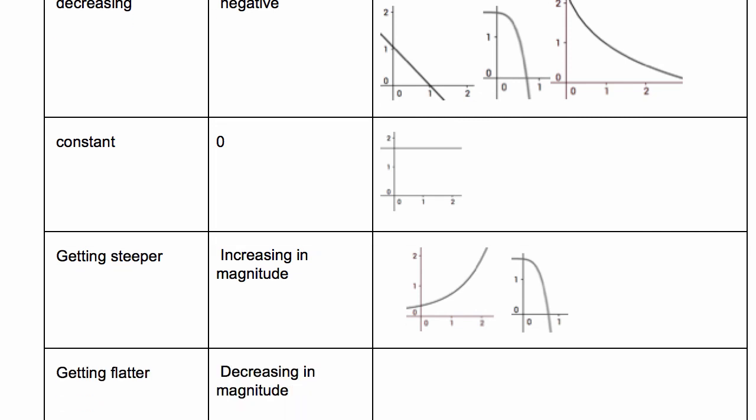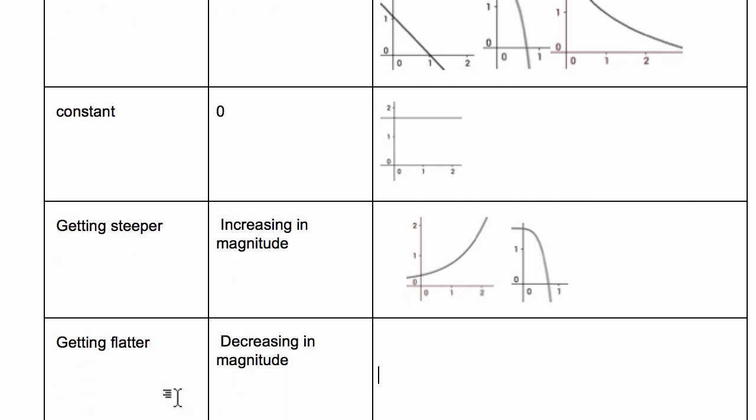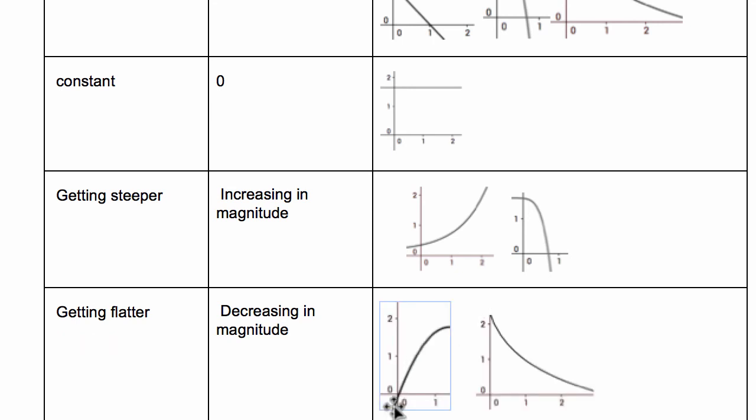Next, let's look at examples of graphs that are getting flatter and therefore have growth rates that are decreasing in magnitude. As I trace these two graphs from left to right, you will notice that they go from being very steep to very, very flat. The fact that these graphs get flatter as we go from left to right means that the growth rate is decreasing in magnitude.